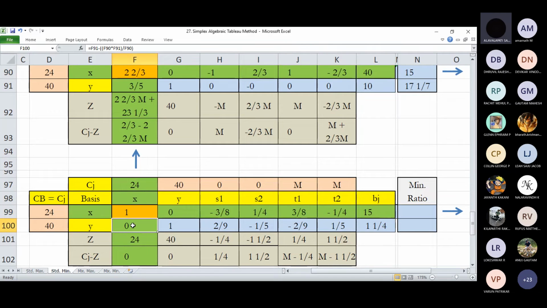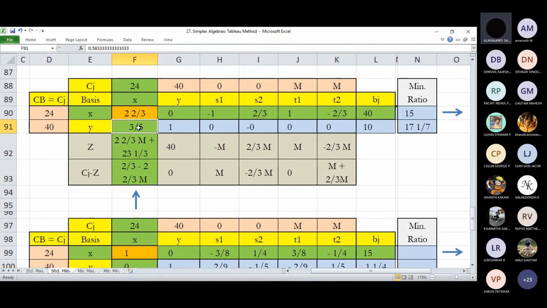Then the next step is to make the other elements become 0. So to make this 0, the new value equals the old value minus its corresponding value in the key column, multiplied by its corresponding value in the key row, divided by the pivot element.